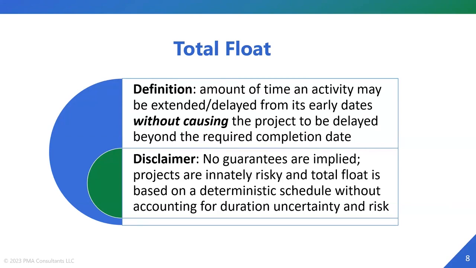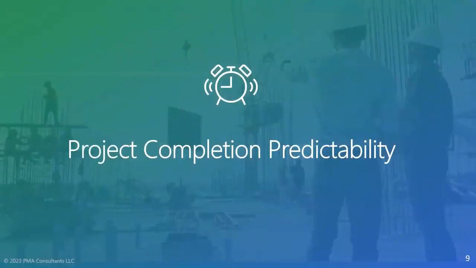And that creates an Achilles heel that can be remedied. And we're hoping to show you that today. Fundamentally, we want to talk about total float and its contribution, its impact on our ability to predict project completion.